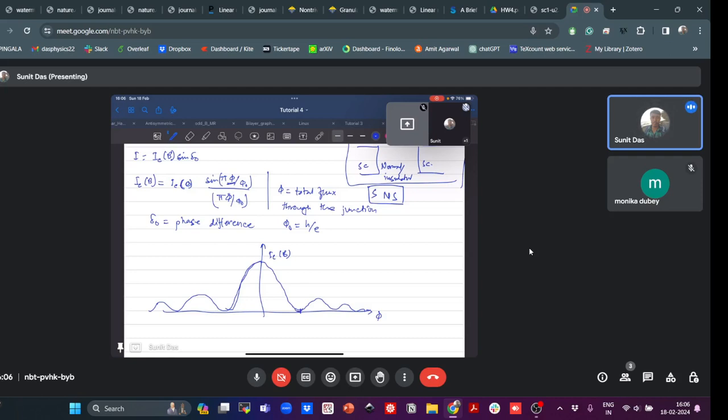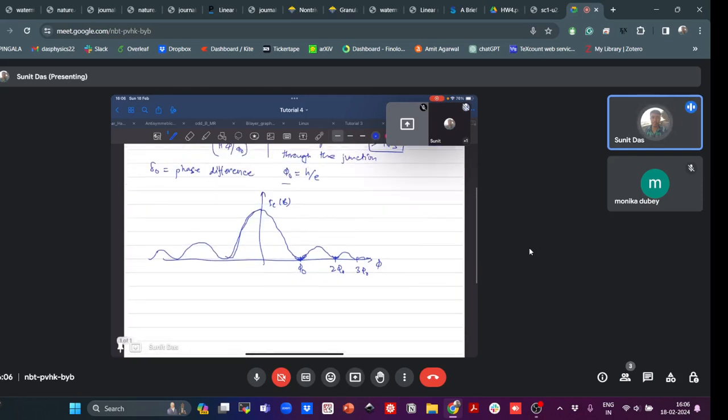This should touch the zero axis at phi 0, then 2 phi 0, and then 3 phi 0, like this. So at each integer value of magnetic flux in units of the flux quantum phi 0, that critical current is 0. So that was the case for the Josephson junction.